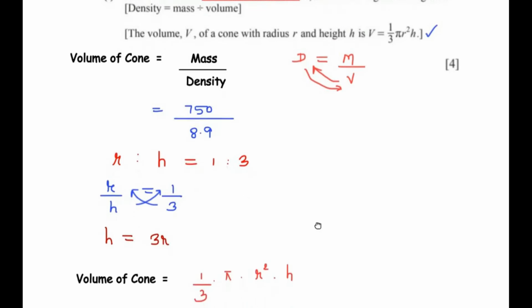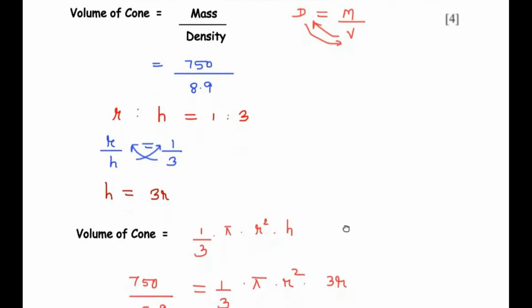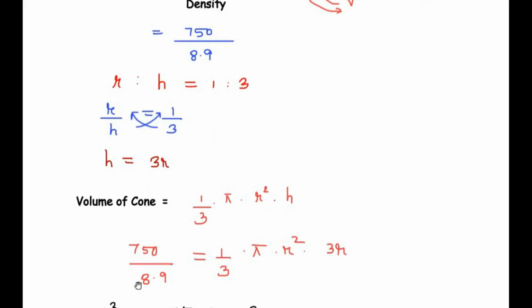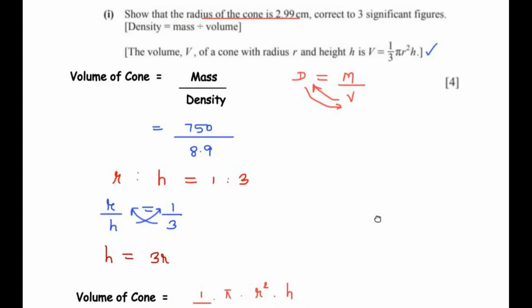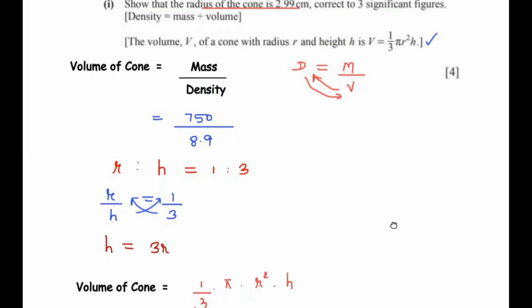Volume of the cone is given as 1/3 pi r square h, and volume of the cone we have got as 750 over 8.9. So substituting over here, we have 750 over 8.9 is equal to 1/3 times pi times r square times, in place of height, 3r. We replace h here because we have to show that r is equal to 2.99.